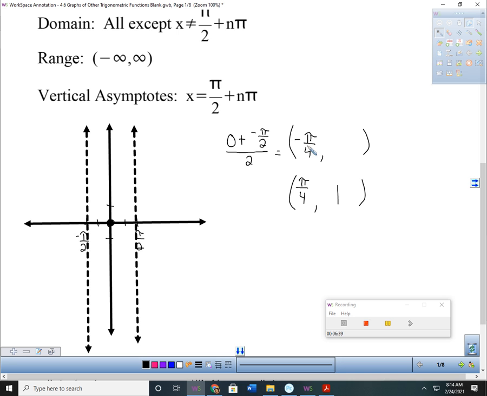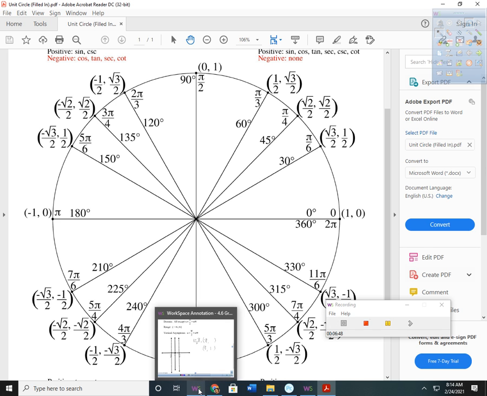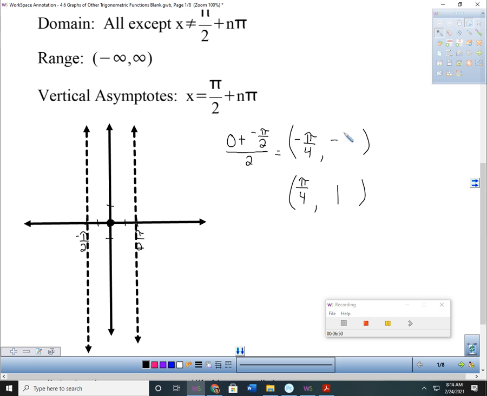And if I go to negative pi over 4 on my unit circle, and I divide the y by the x, that gives me negative 1. So this is my parent function. I would go to negative pi over 4 and down to negative 1. I would go to positive pi over 4 and up to positive 1.